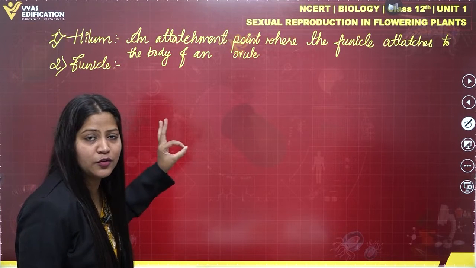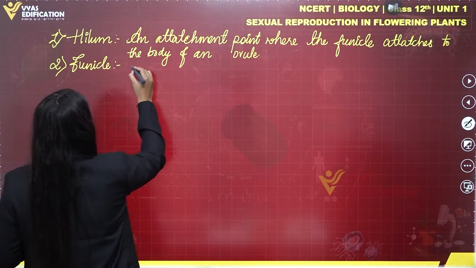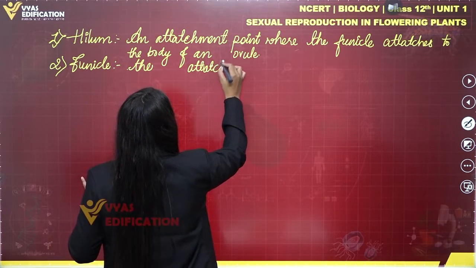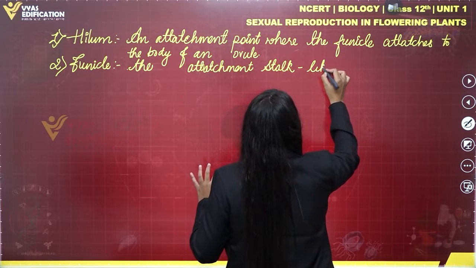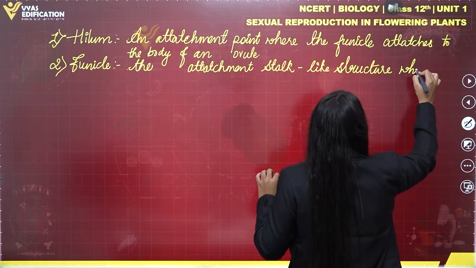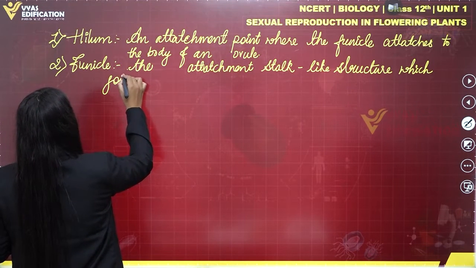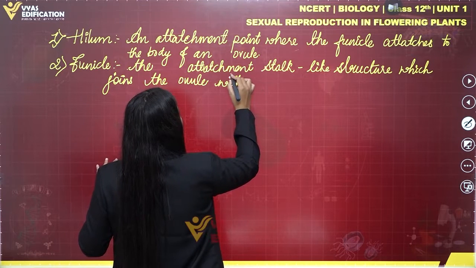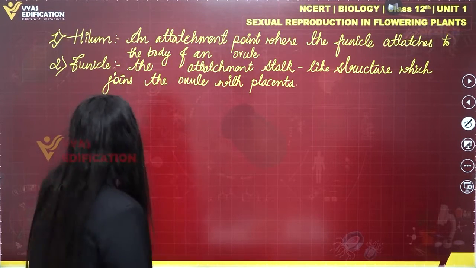Funicle is the attachment structure, a stalk-like structure, which joins the ovule with the placenta inside the ovarian cavity or locule.